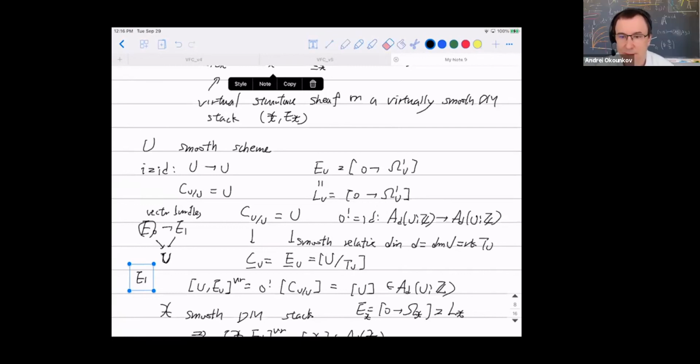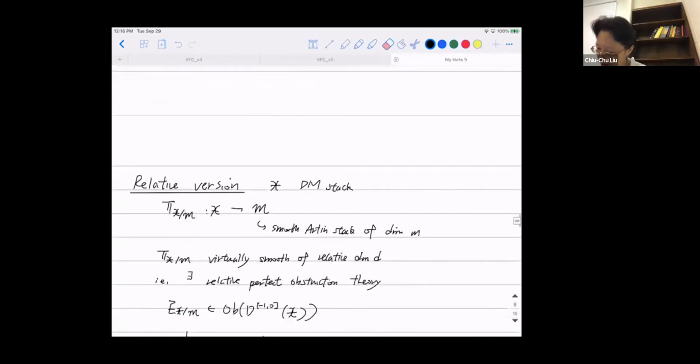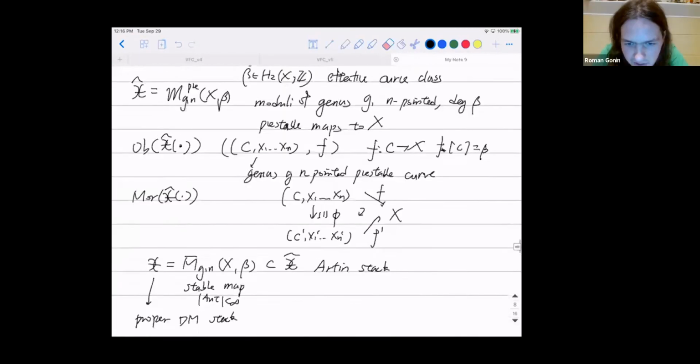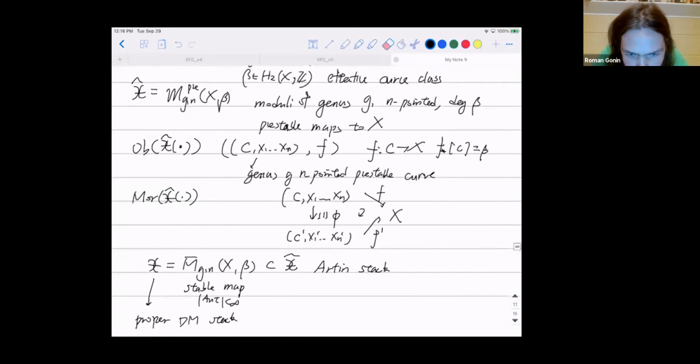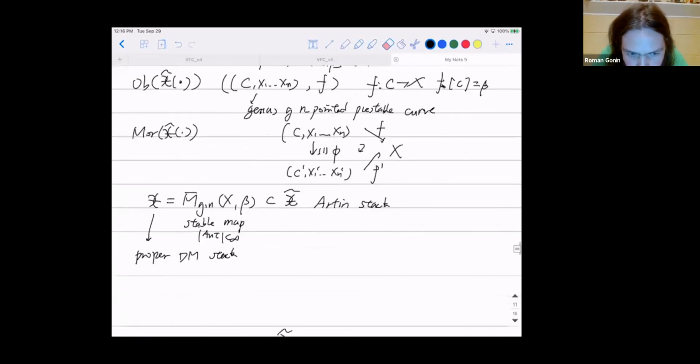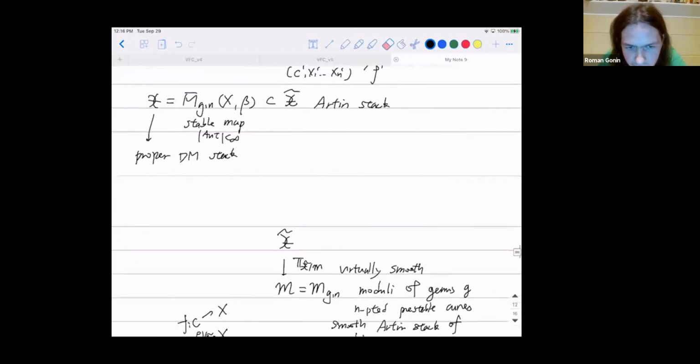Yes, right. And also, could you please show the Gromov-Witten slide? Oh yes, at the end, a bit below. Go to the bottom of this Gromov-Witten.